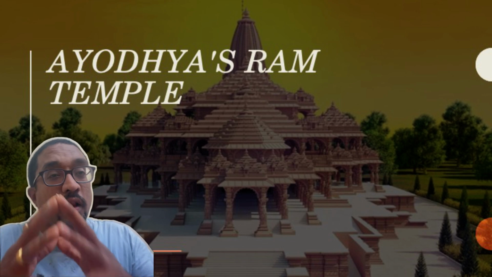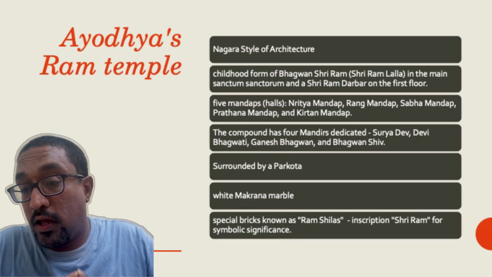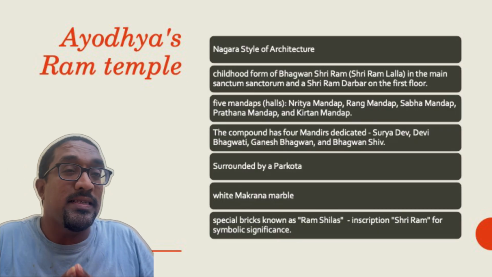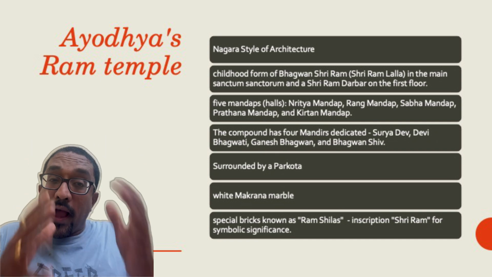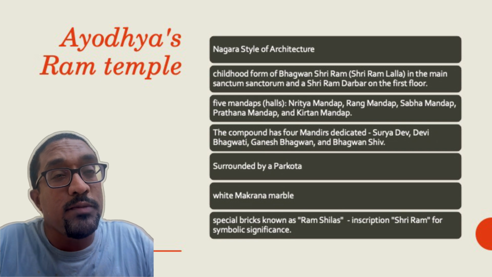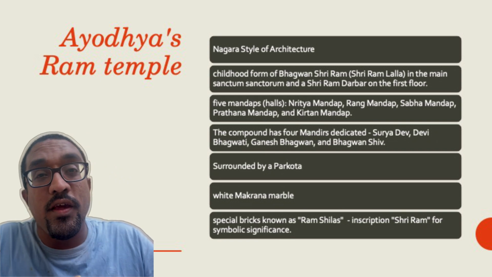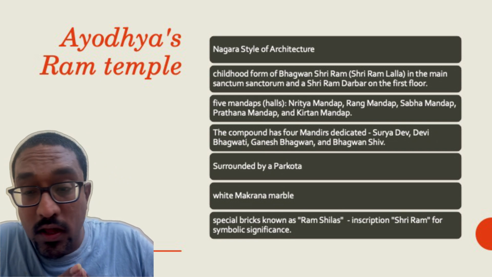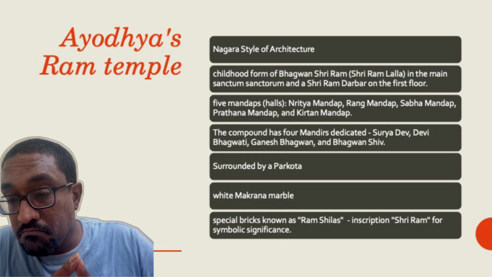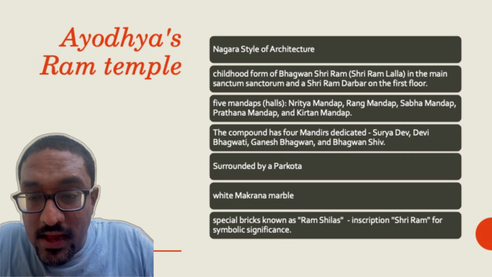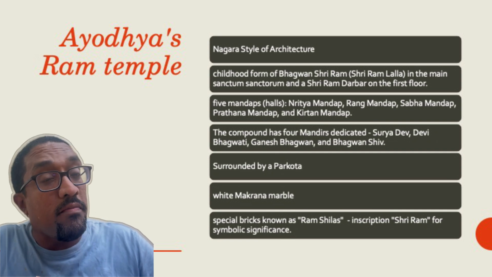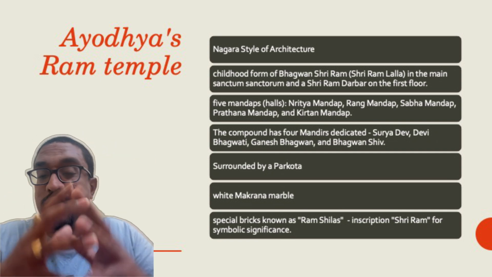The Ram temple, which has recently been built in Ayodhya, is a classic example of the Nagara style of architecture. The idol in this temple is of Ram Lalla, the childhood form of Lord Ram. In the main sanctum sanctorum, that is the Garbhagriha, and Shri Ram Darbar is on the first floor.